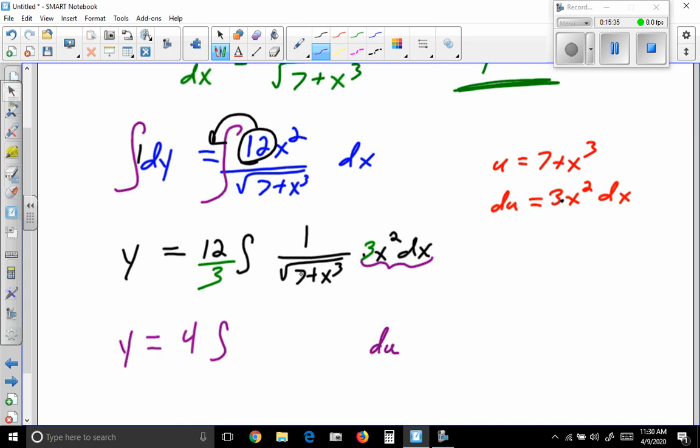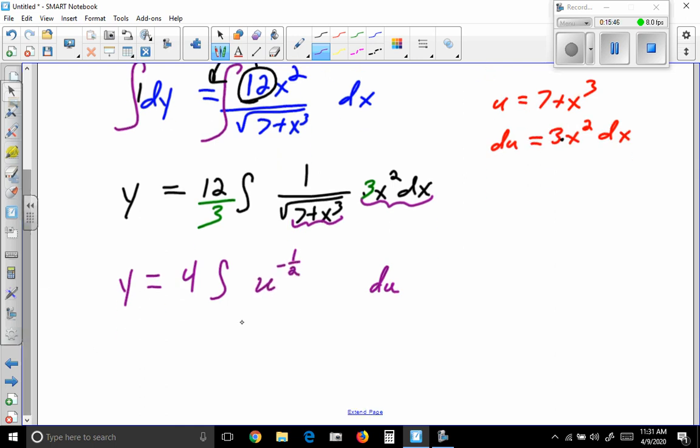Just like on the last problem, we have a square root of u on the bottom. If we move that to the numerator, that's u to the negative 1/2, because that's u to the 1/2 on the bottom. Move that to the top, it changes that to a negative. So if we get the antiderivative here, that is 4 times whatever we get for our result.